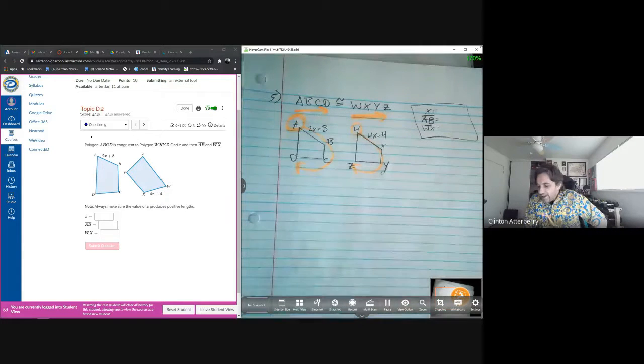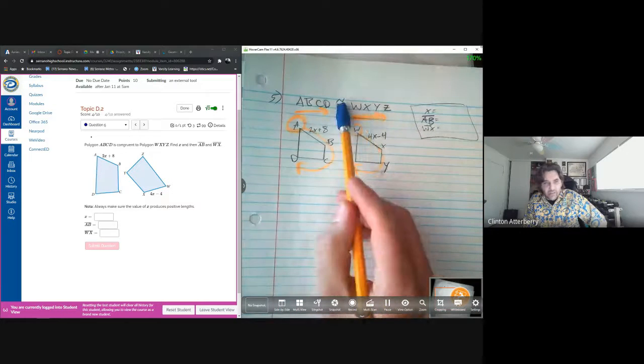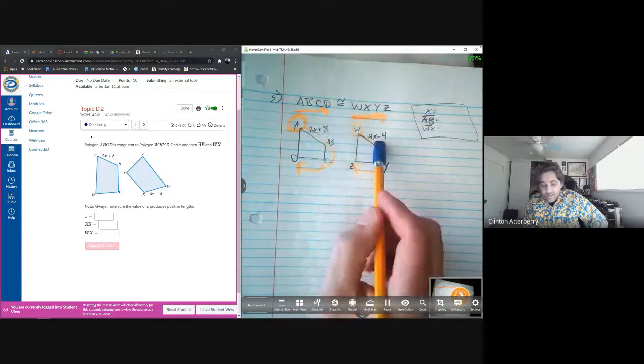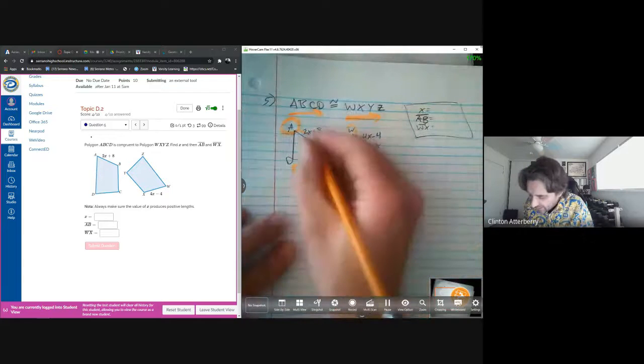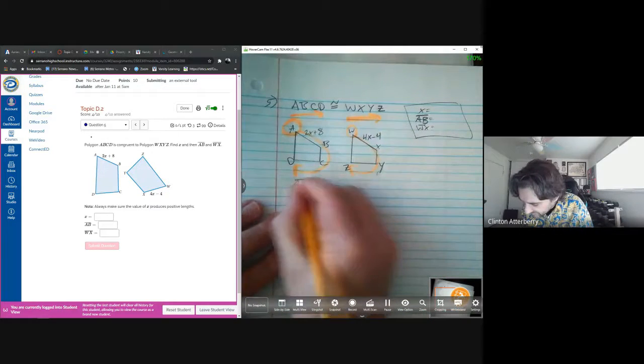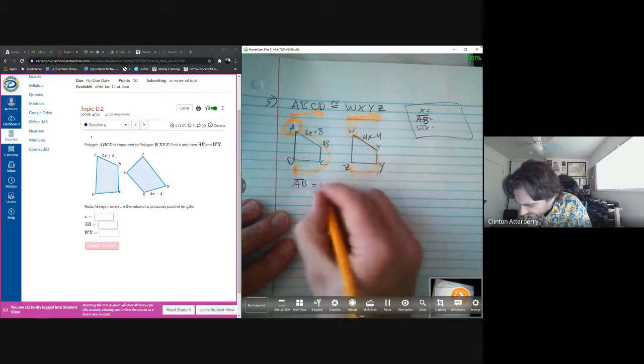Okay, so Brian, here's the equation you were asking about. Because the fact that they're saying they're congruent, remember, the side lengths are the same, the angles are the same. So that means that this and this actually represent the same distance, the same length. So I can say that from A to B is equal to 4x minus 4, which is our WX.